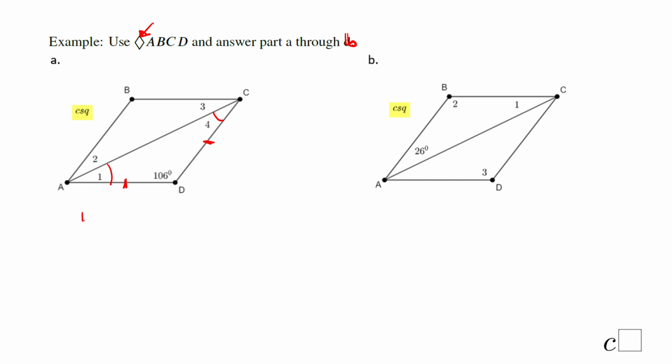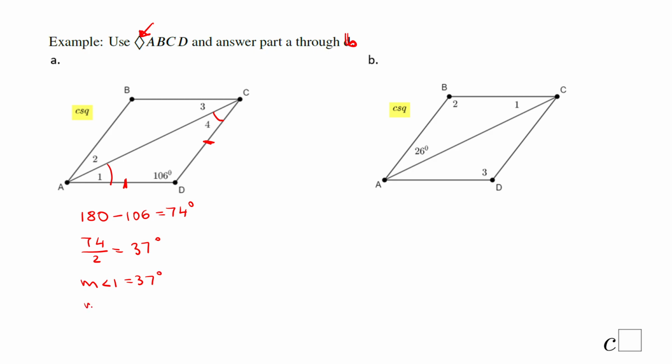So the first math I'm going to do is 180 minus 106. That will be 74 degrees. And then I will divide this 74 by 2 because those angles, like I said, are congruent, and that will be 37 degrees. Measure of angle 1 is 37 degrees.